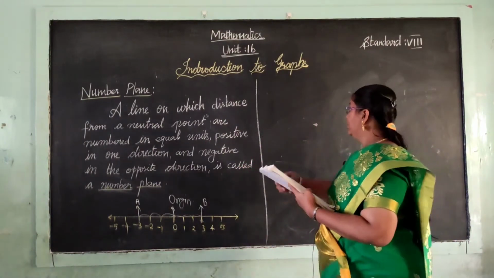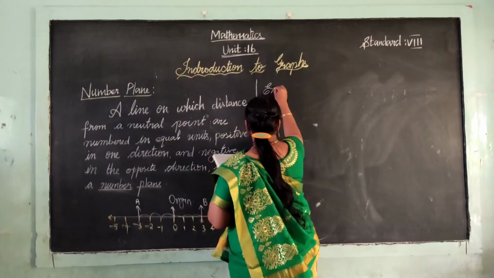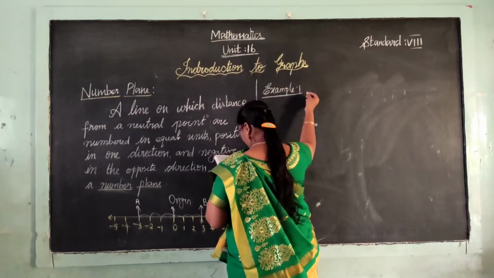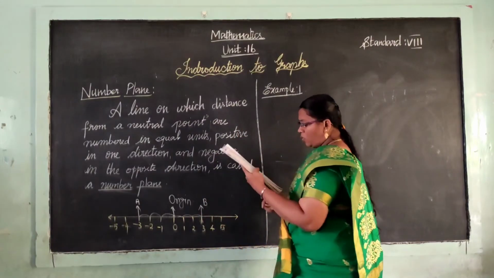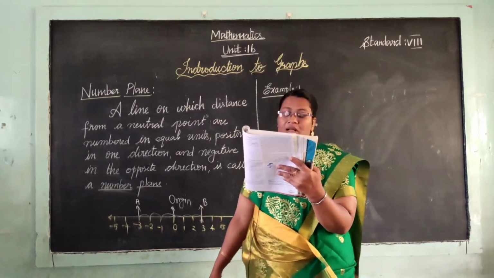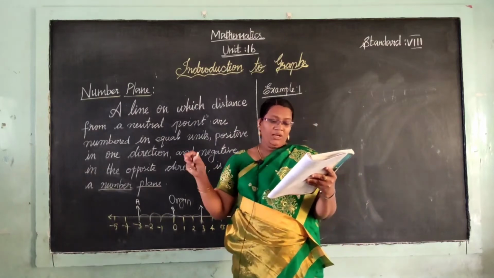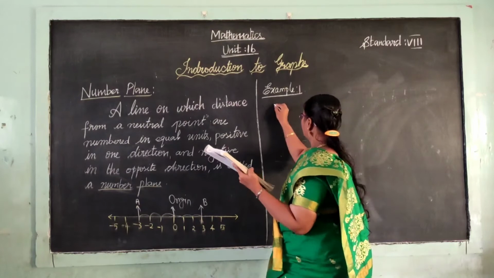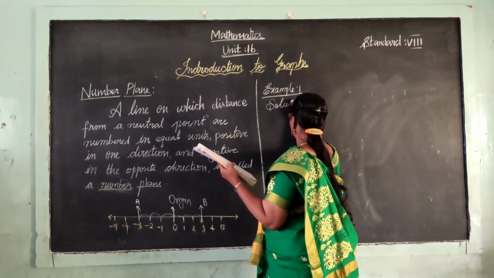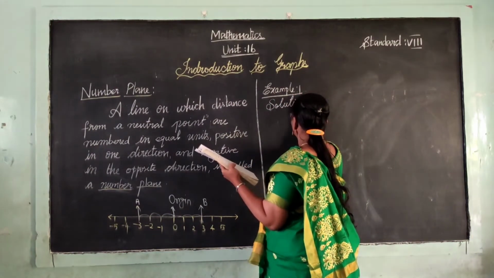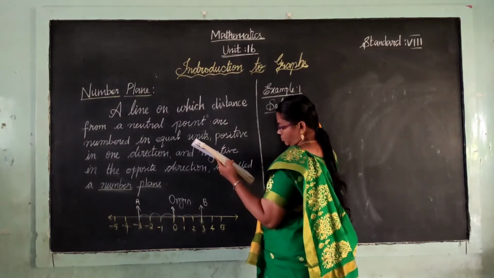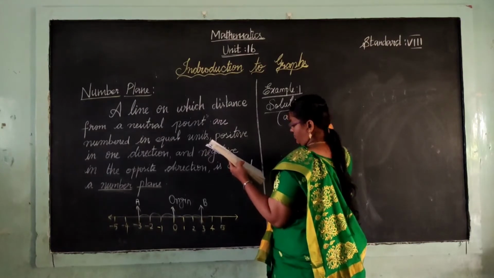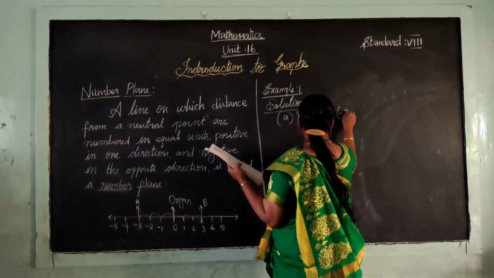Example 1. Plot the following points on a number plane. The first one, point A is minus 3 is given.